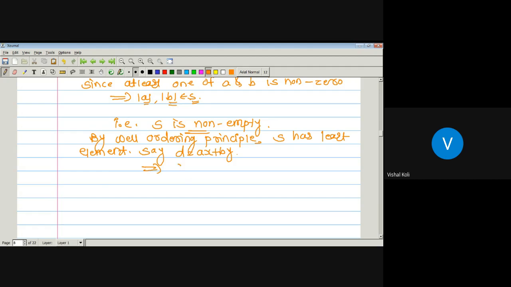Then definitely, as modulus of a and modulus of b are belonging to S, it implies that d is less than or equal to modulus of a and d is less than or equal to modulus of b, since d is the least element.